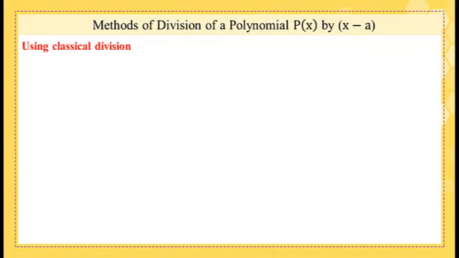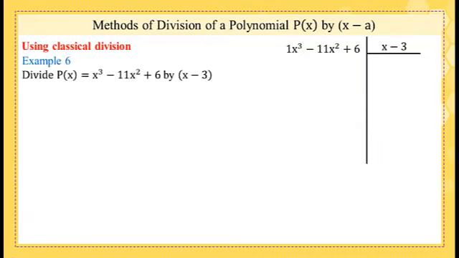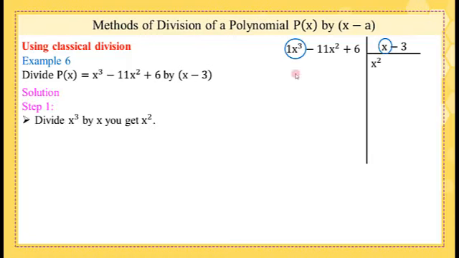Now we will use classical division. Example, divide p of x equal x cubed minus 11x squared plus 6 by x minus 3. Solution. Step 1. Divide 1x cubed by x. You get x squared.